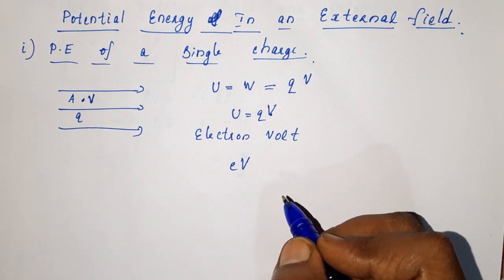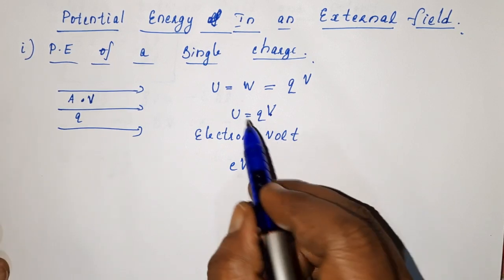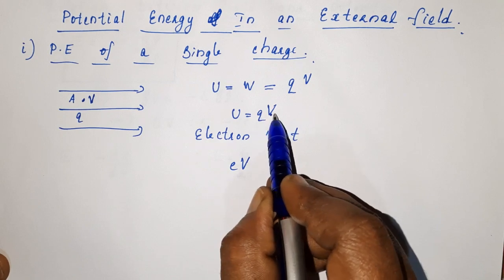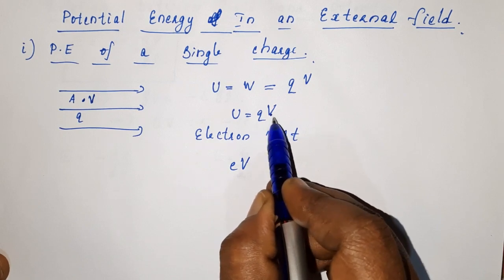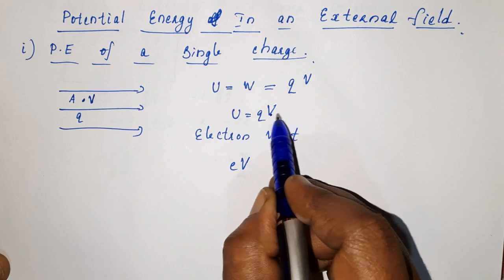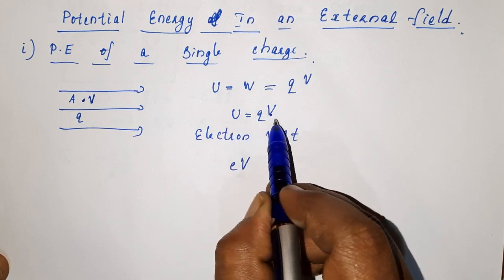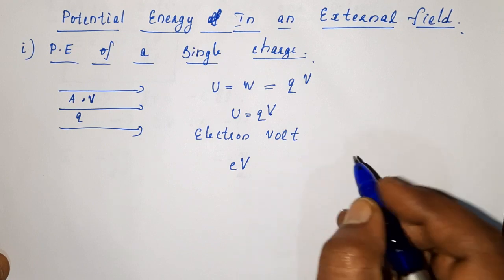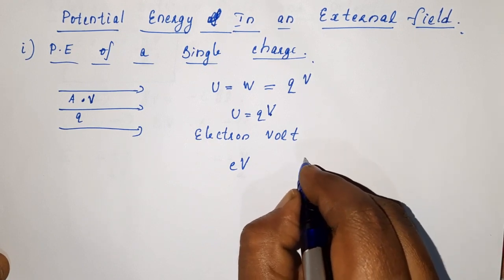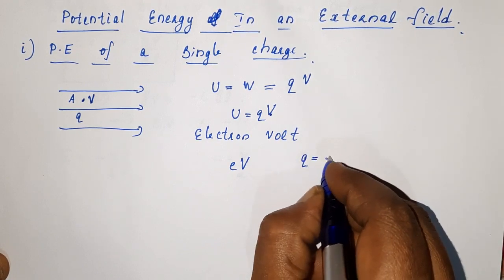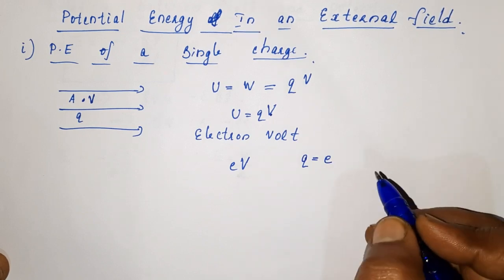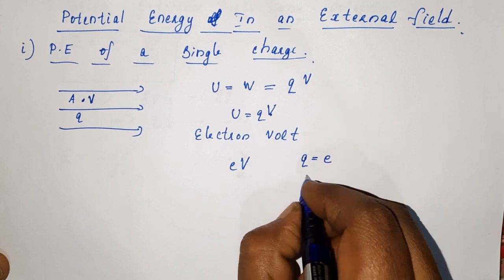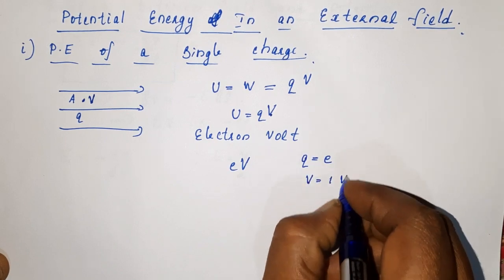And what is this 1 electron volt? We know the potential energy of a charge Q kept in an electric field where the potential is V is U equal to QV. So when an electron is kept, Q is equal to e, with a negative sign, and suppose V is equal to 1 volt.